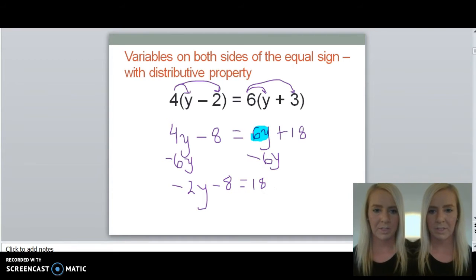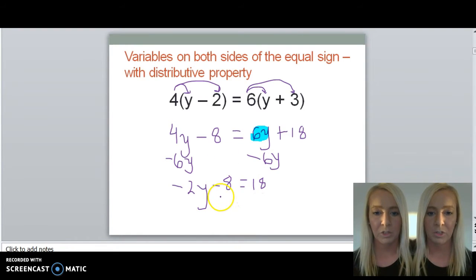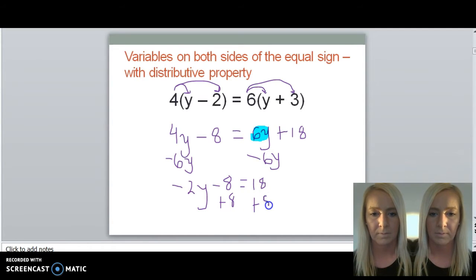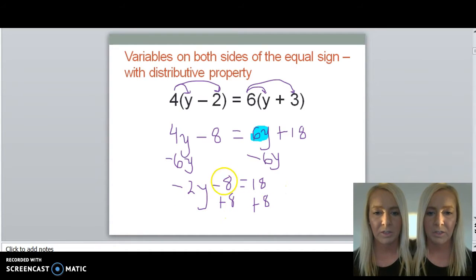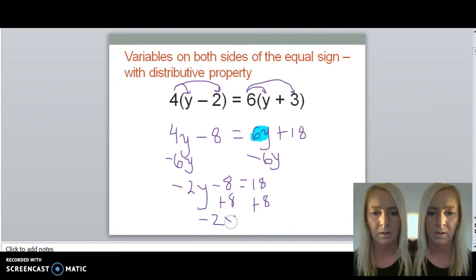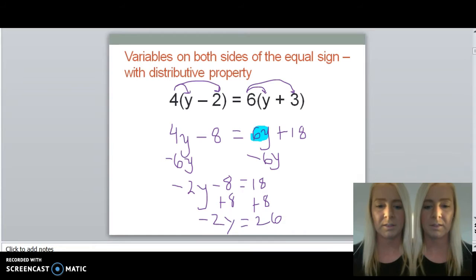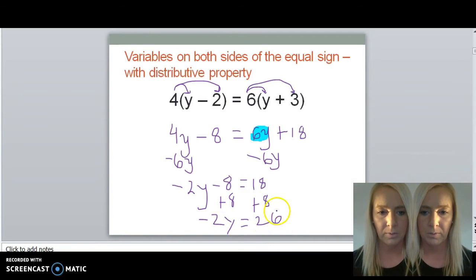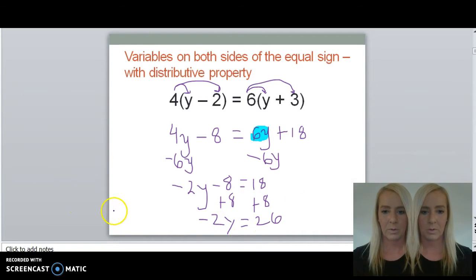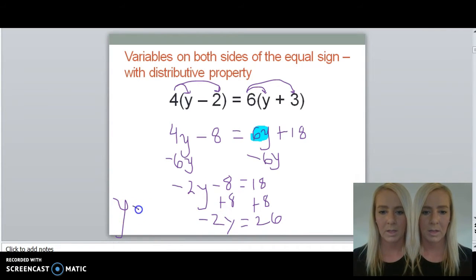Now I'm going to apply my two-step equation concepts. I'm going to add 8 to both sides. By doing so, my 8's cancel out, so I'm left with negative 2y is equal to 26. And when I divide both sides by negative 2, it comes out to y equals negative 13.